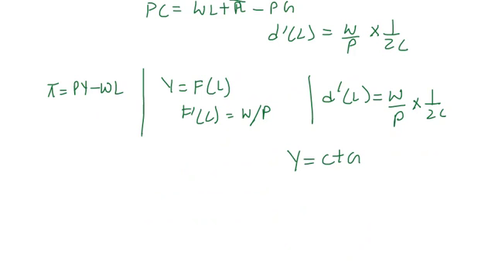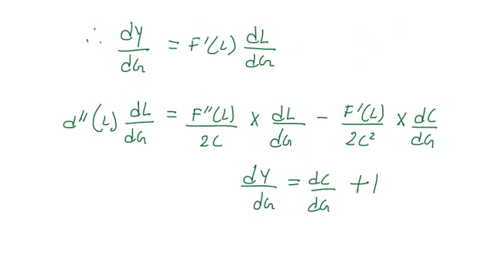Thus we do the same process and also get the same answer. Now differentiating the above system with respect to G, we will eliminate W by P by substituting W by P equals F dash L. Thus we get the following. Now we will eliminate dC/dG and then solve for dY/dG.